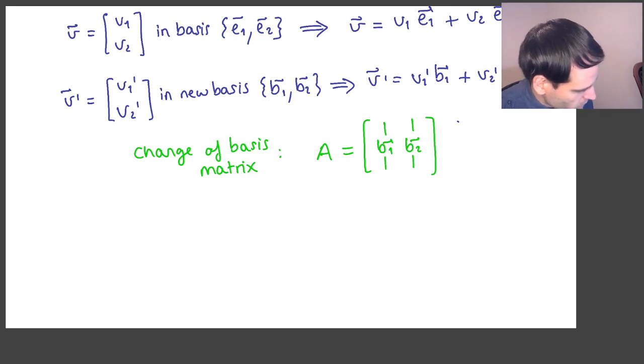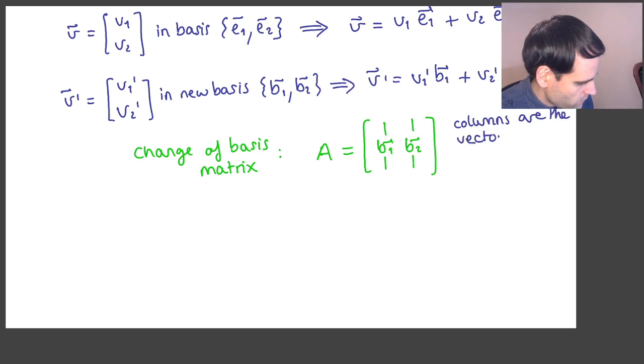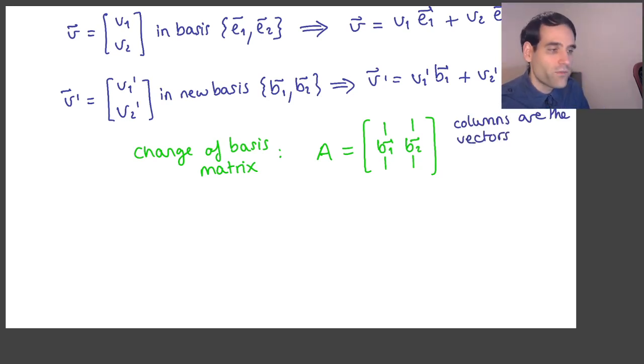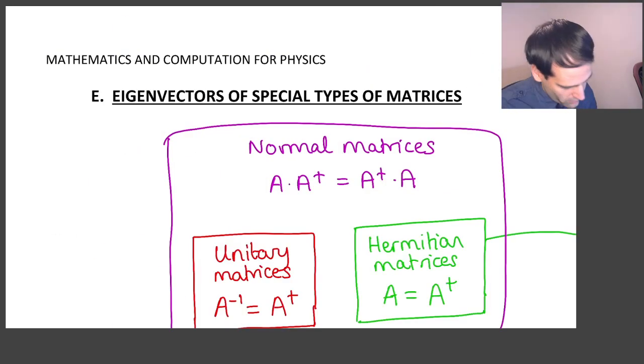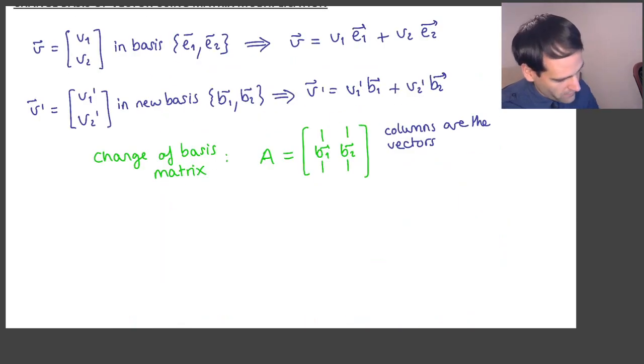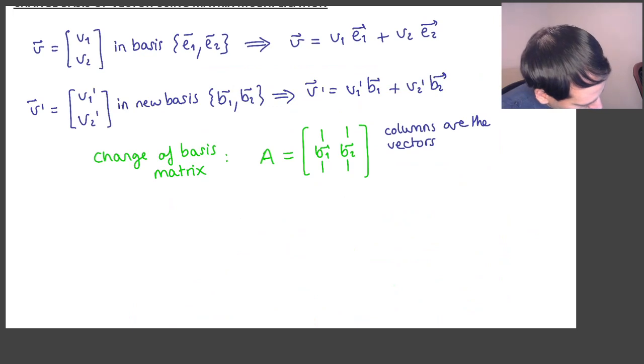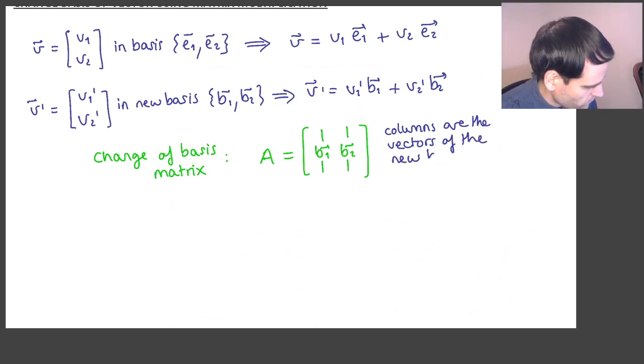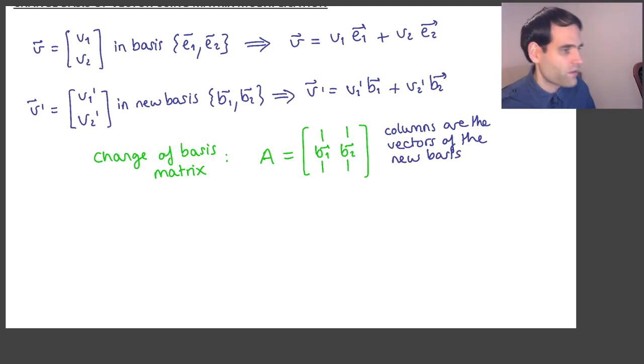Okay? So the columns are the vectors of the new basis. Sorry for that, I misclicked somewhere. Okay, columns are the vectors of the new basis. But so these vectors, we have to write the components in order to create this column vector.